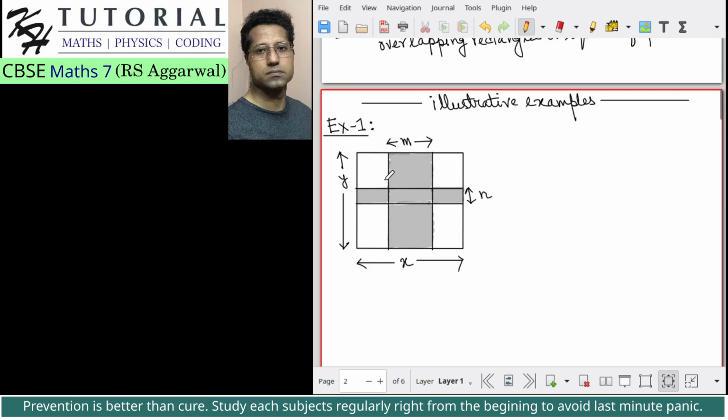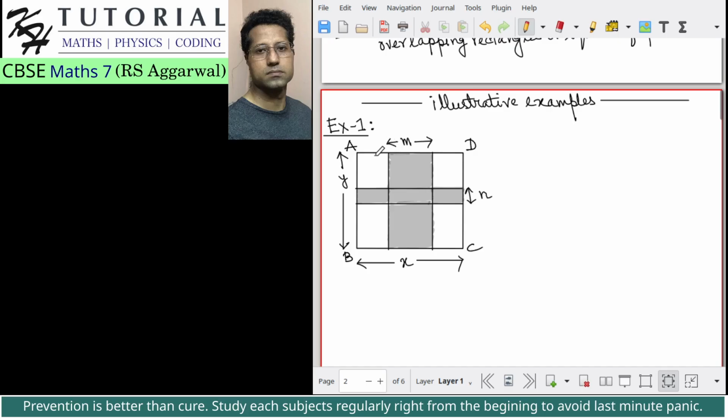So in this example, we have to find the area of the shaded region. I have enclosed the entire shaded region in the rectangle ABCD. Now in the problem, the rectangle ABCD may or may not be given. Also, name the corners of the shaded region.